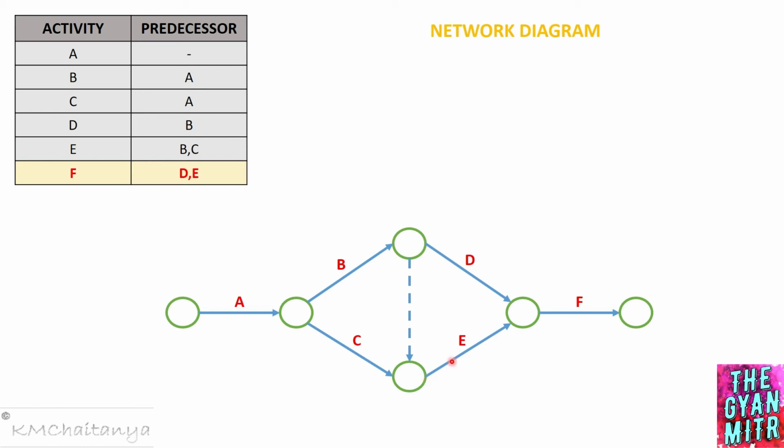So to draw the activity E, I have activity C that is coming over, and I have taken the help of a dummy in order to show the dependency of activity B to activity E. And then we have the very last activity, which is activity F. In order to draw this activity F, we have activity D and E as our predecessor.